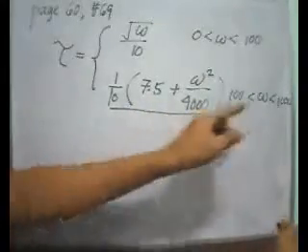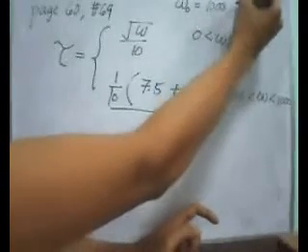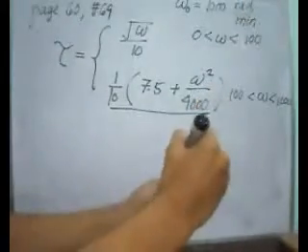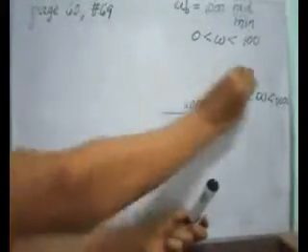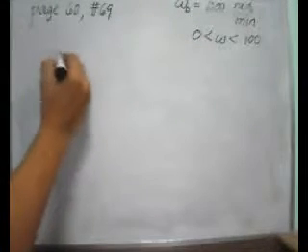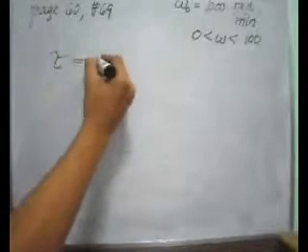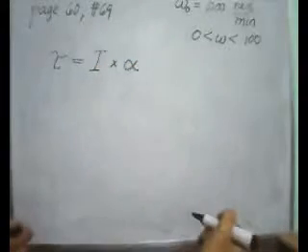Now let's start. We will start with this expression here, since we are given the initial condition that omega naught, or the initial angular velocity, is equal to 1000 rad per minute. From Newton's law in torsional form, we can have torque equal to the moment of inertia times the angular acceleration.